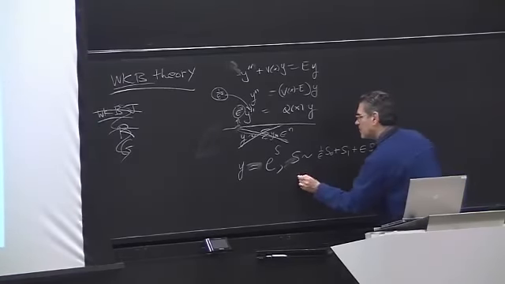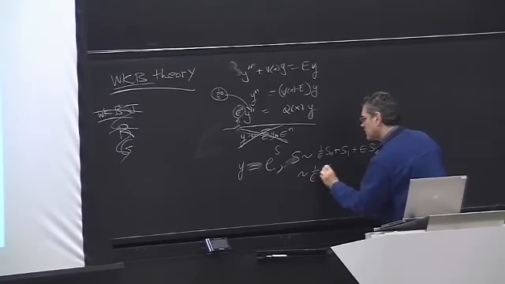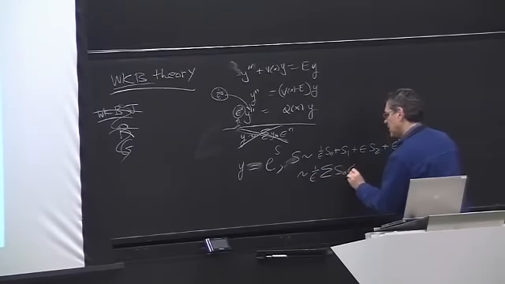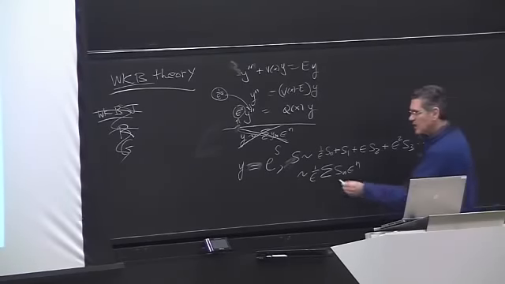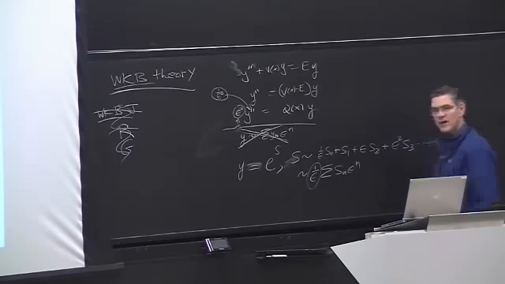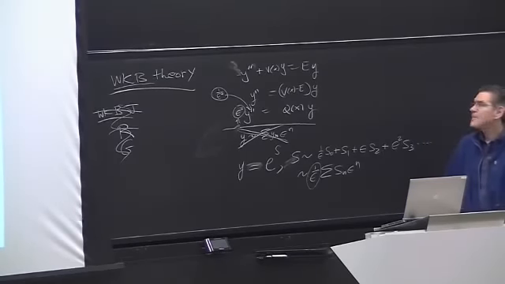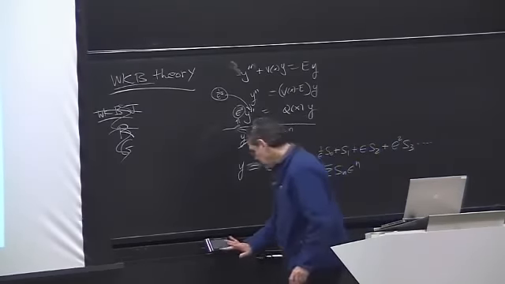That is, it has the form 1 over epsilon times the sum of s sub n epsilon to the n. And the key thing here is that there's a 1 over epsilon out front. That's the idea.